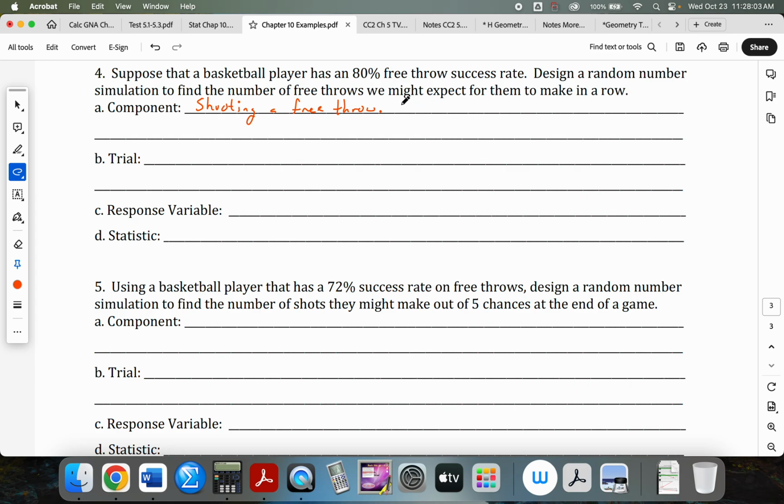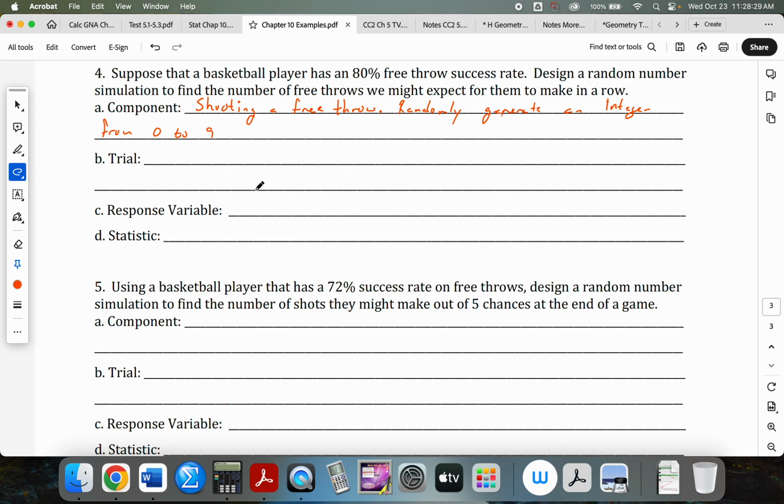So randomly generate an integer from 0 to 9. Or you could do 1 to 10. It's fine.